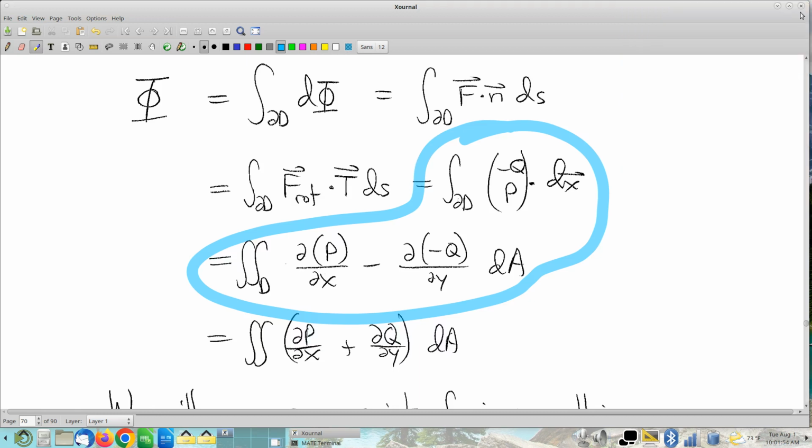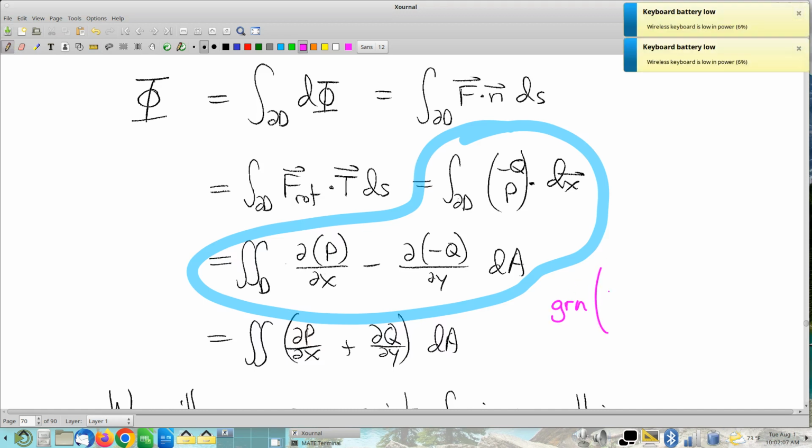Okay. So now this looks wrong the way I've written this, but let me expand and remind y'all that when you compute Green's operator of a vector field (P, Q), then it's dQ/dx minus dP/dy. Fine.